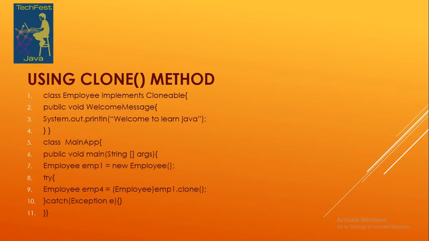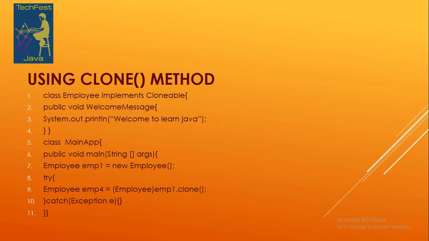Now another way is by using the clone method. The clone method basically belongs to the Object class, and any class object can be cloned, because as we know in Java every class is inherited from the Object class. So we can easily clone an object, but the condition is that the particular class should implement the Cloneable interface.